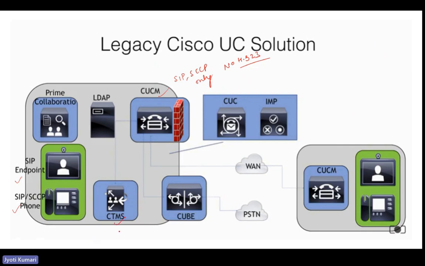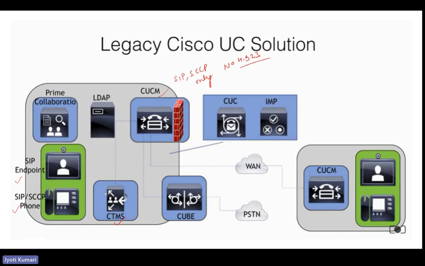CTMS stands for Cisco TelePresence Multipoint Switch, which is used for multipoint communication, like conferencing and so on. Then we had a CUBE element, which is used for PSTN access or through PRI ports on the IOS routers for the PSTN communications. So these were the components used in the legacy Cisco Unified Communication solution before acquiring Tandberg.